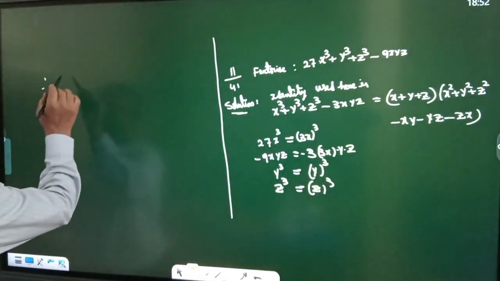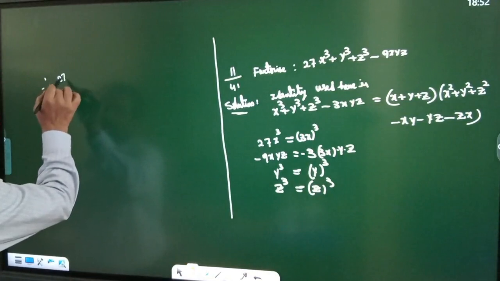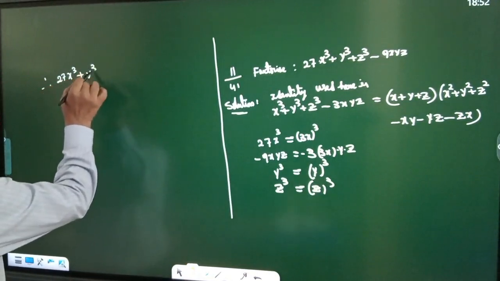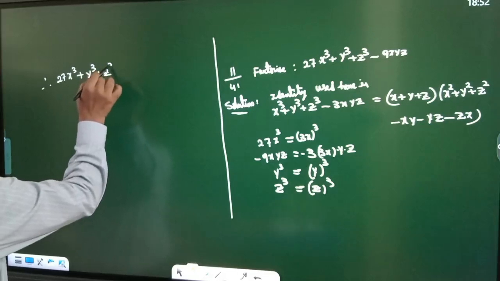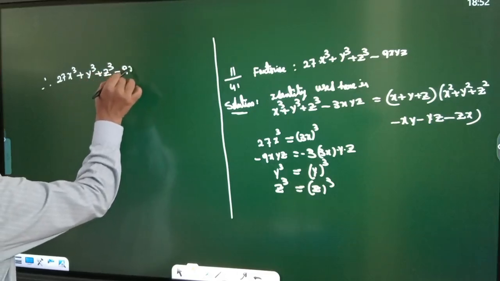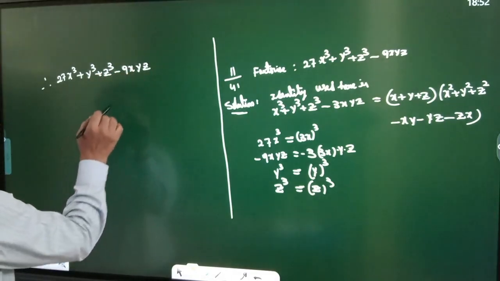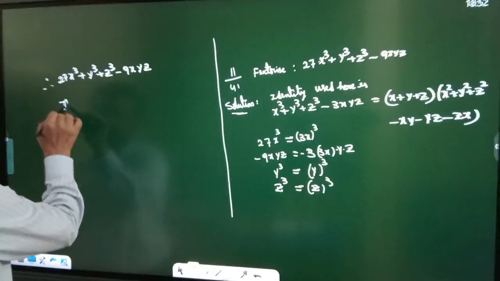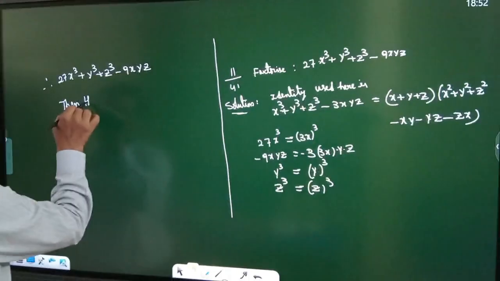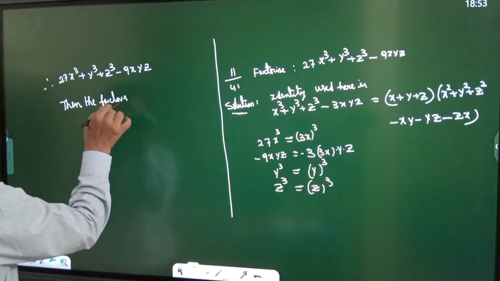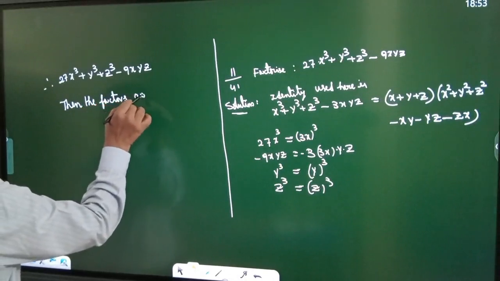So therefore 27x cube plus y cube plus z cube minus 9xyz. Then what are the factors?